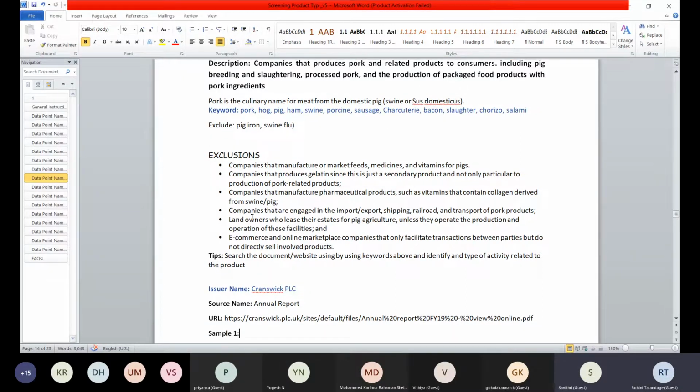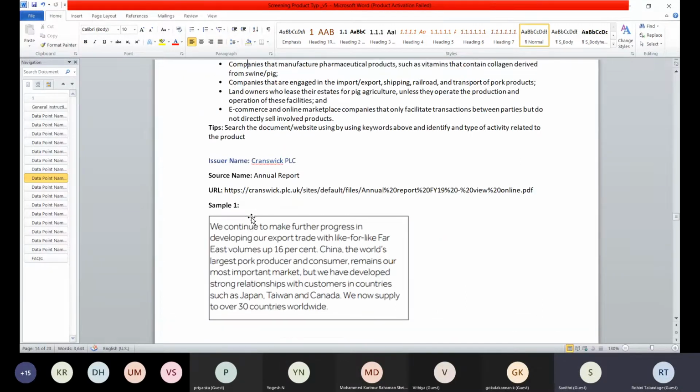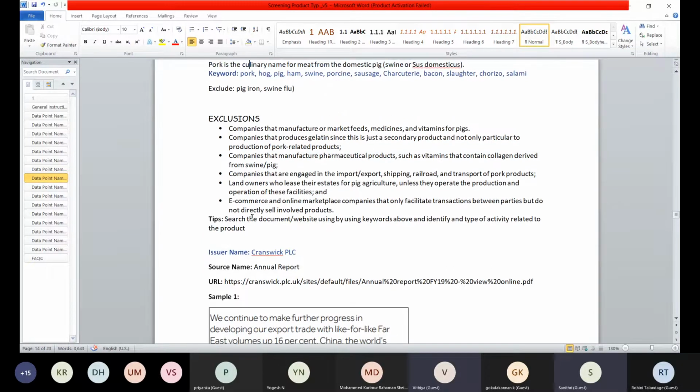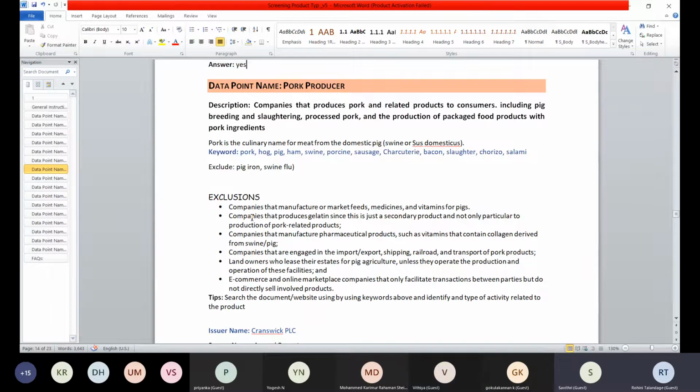Any doubt in this data point? Can you explain me once more? Okay. Pork producer, we need to check whether the company is producing pork related products or not. For that we have some keywords: pork, hog, pig, ham, swine.